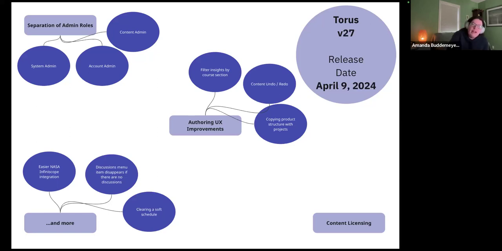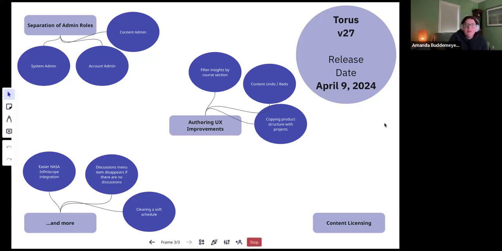Right now, if you're an admin, you are the highest level of admin, which means you have the capability of doing some pretty disruptive things. It's never been the case, that I'm aware of, that someone has done something awful as an admin, but there could be a pretty bad mistake. When Torus was a small new application, it was fine that we just had this one type of admin role, but it's grown to the point where we really need to divide this out.